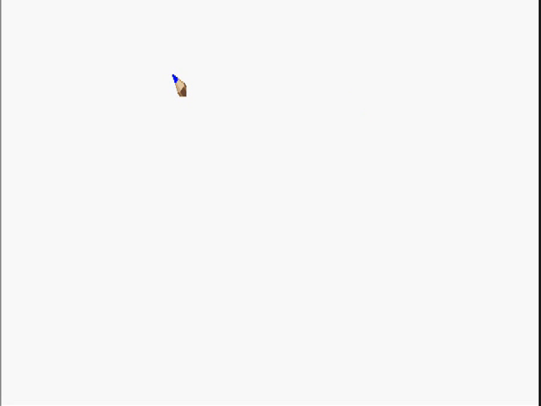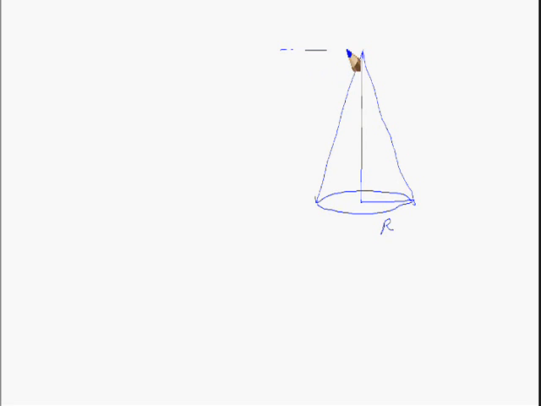So first we take a cone, let's say the radius of the cone is capital R and the height of the cone is capital H. Now we are cutting the cone by a plane which is parallel to the base.